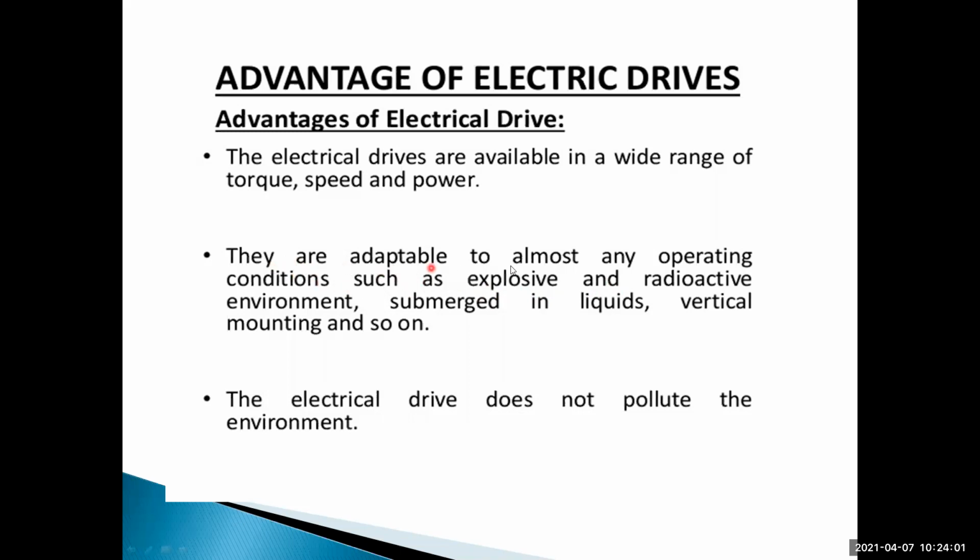They are adaptable to almost any operating conditions, such as high temperature and low temperature conditions, explosive and radioactive environments, submerged in liquids, vertical mounting, and so on. These are the different operating conditions of machines.